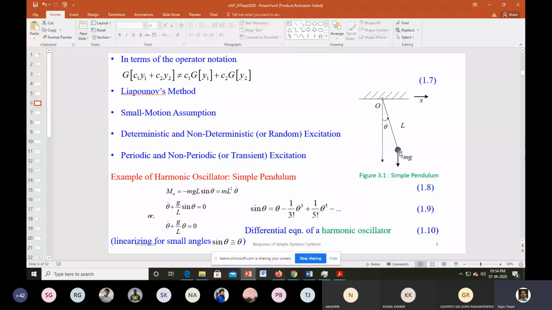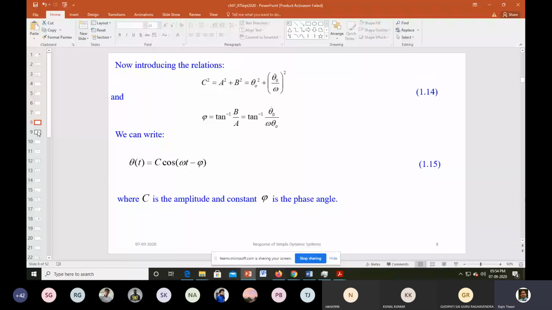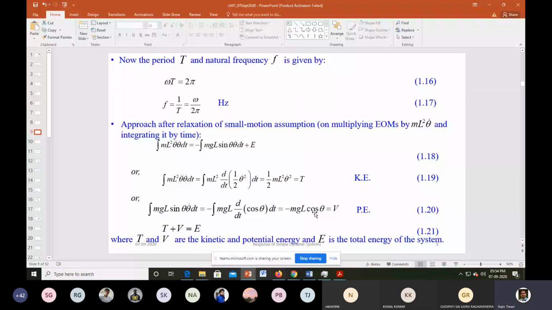So L cos theta is the distance which is lifted, and mg is the force. So it has done this much work against gravity, and this is the potential energy of the system. But we'll go into more detail on this kind of energy expression in the subsequent lectures. So this is the potential energy.